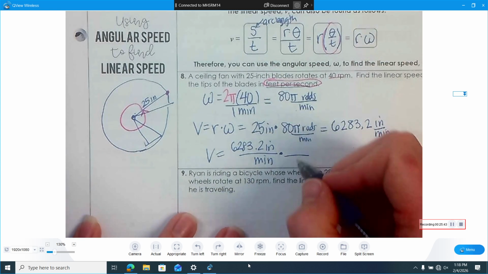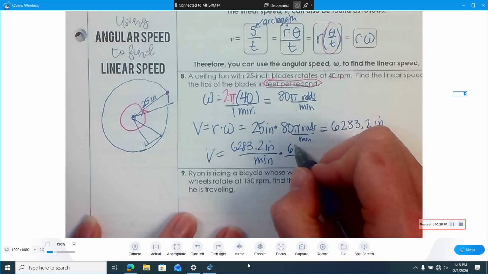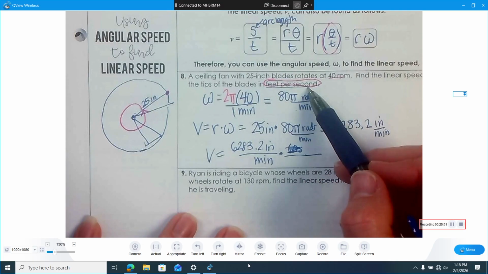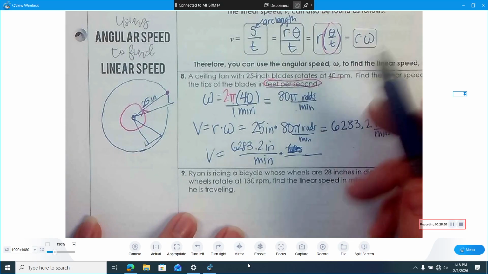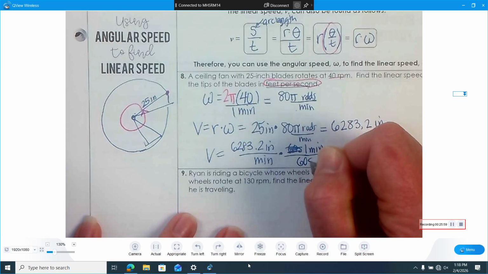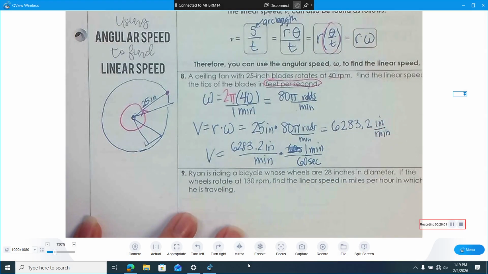Tell me what you know about seconds. 60 seconds is the same as 1 minute. So 1 minute on top has 60 seconds on the bottom.